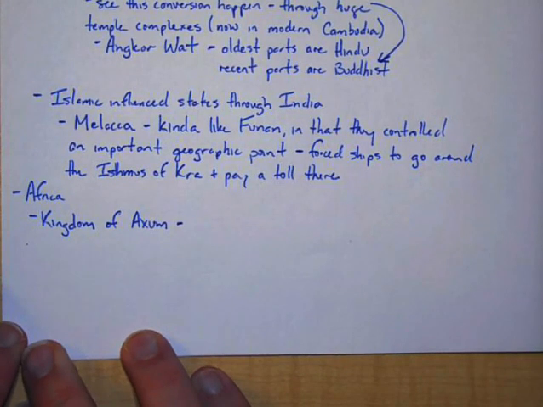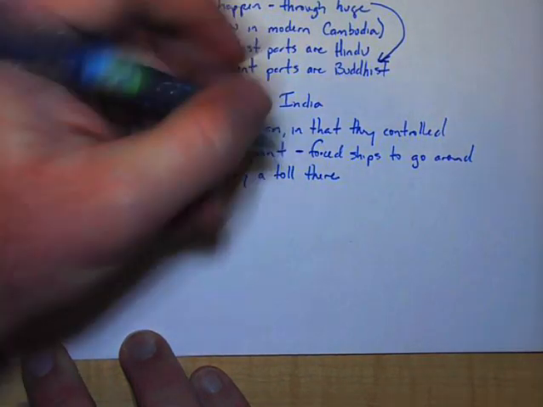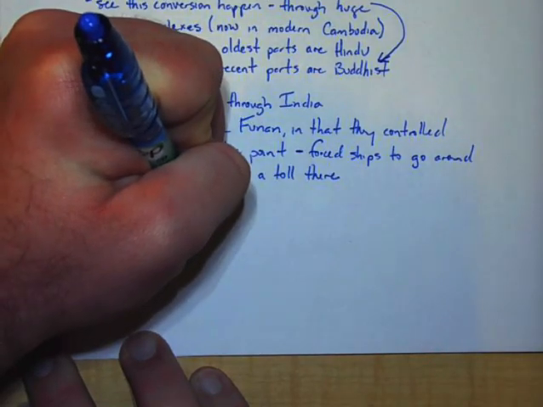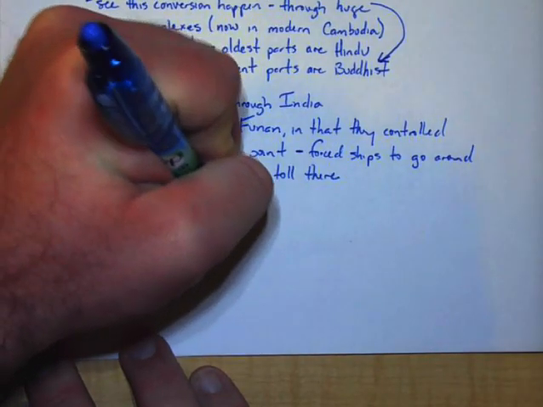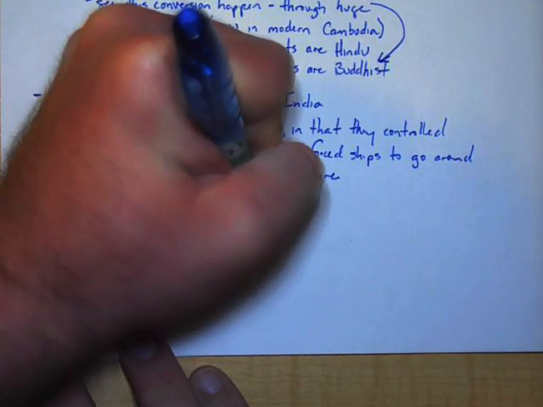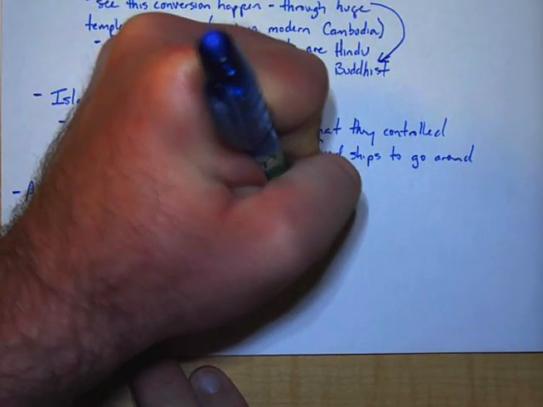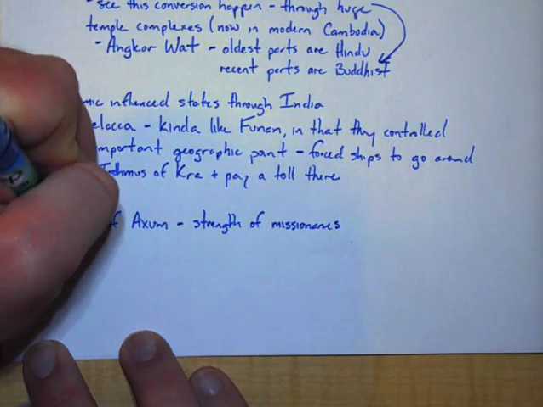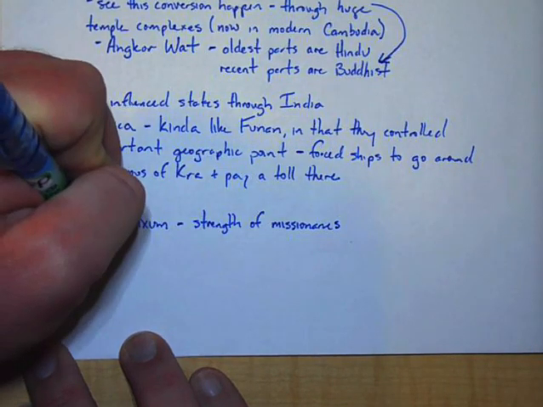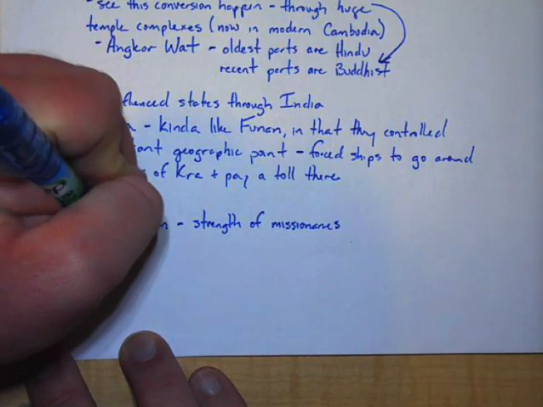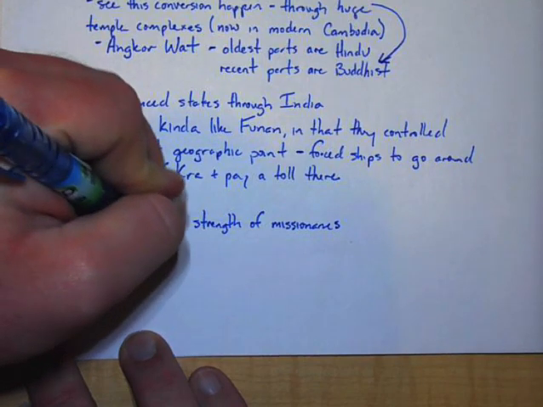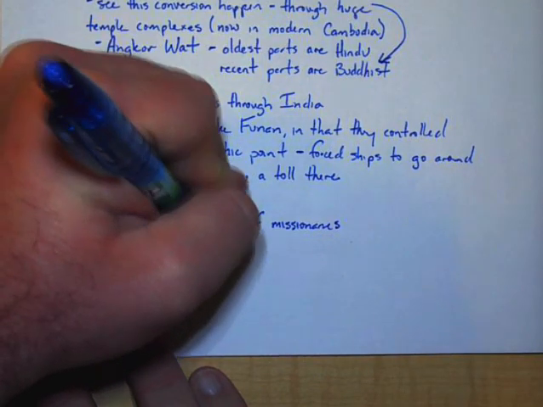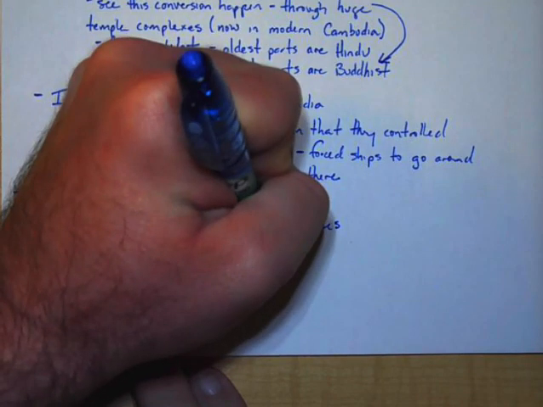It just kind of fits in here. But it does also show the strength of missionaries, because the kingdom of Axum was one of the very first governments to adopt Christianity.